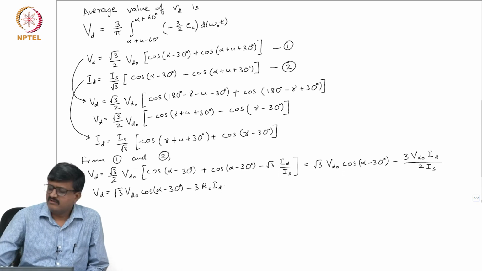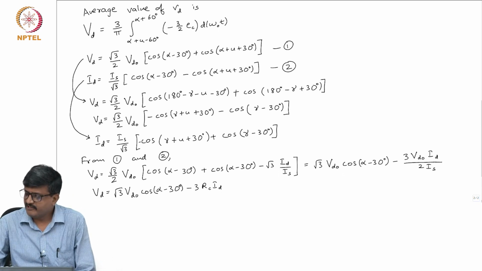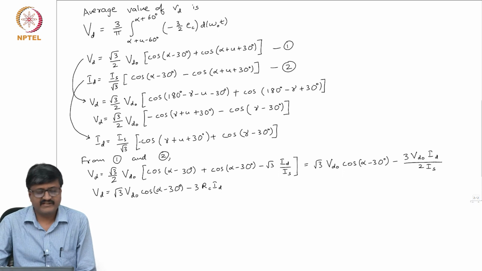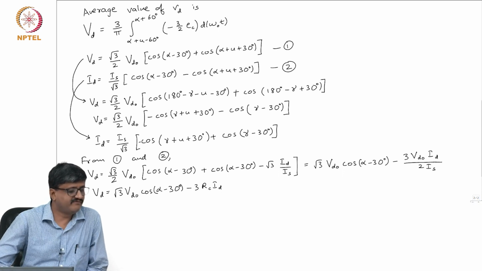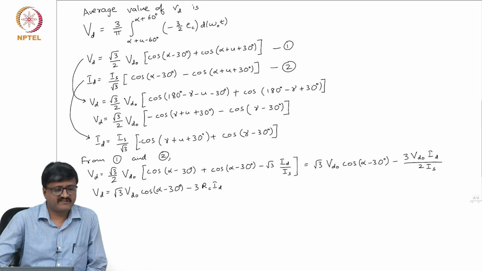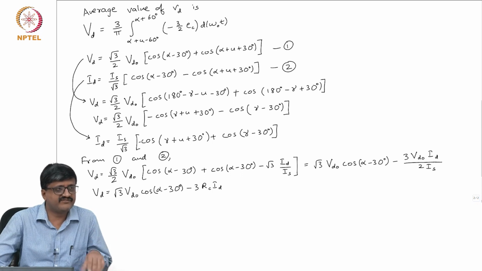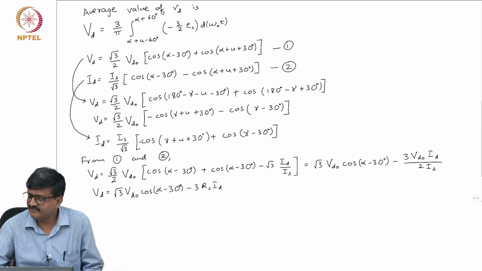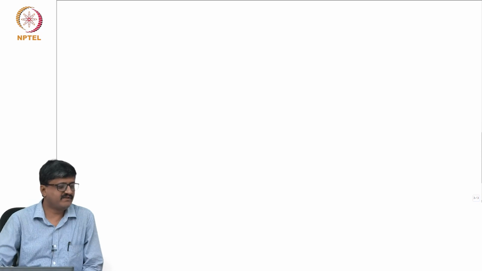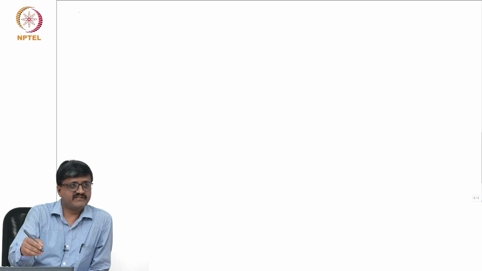Okay. Now, there is one thing about the range of alpha that is possible for this abnormal operation. In the case of normal operation, that is 2 and 3 valve conduction mode, we said that alpha can take any value greater than 0. Now, let us see whether that is possible for abnormal operation. So, we are still continuing our discussion on the abnormal operation.